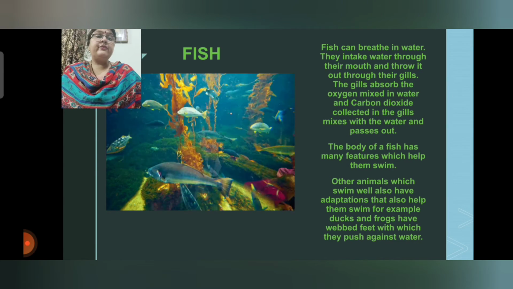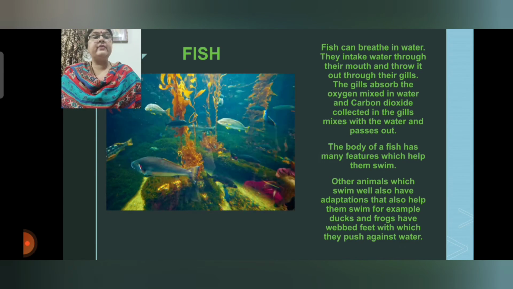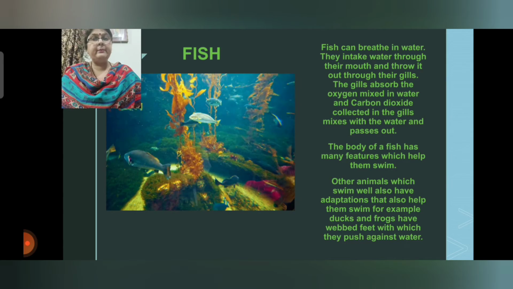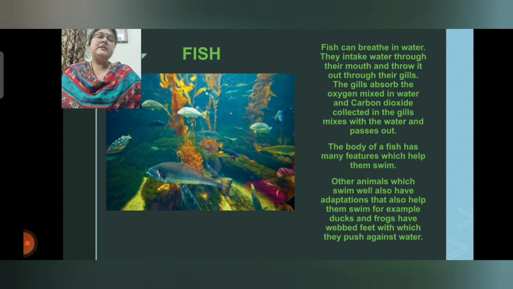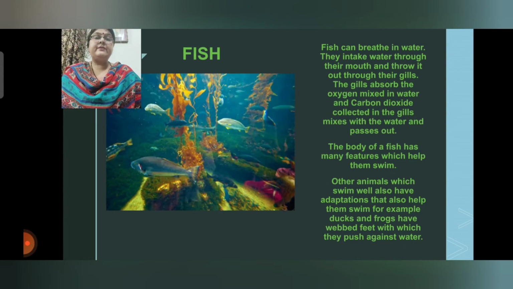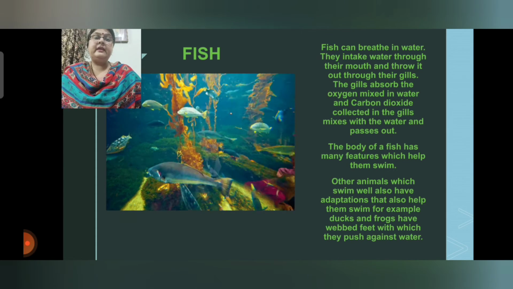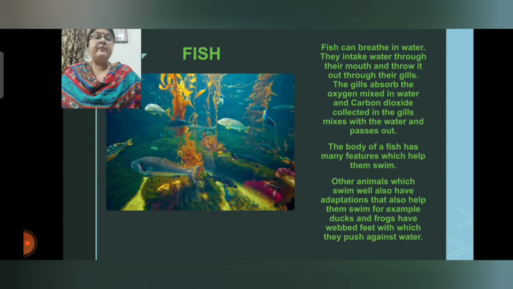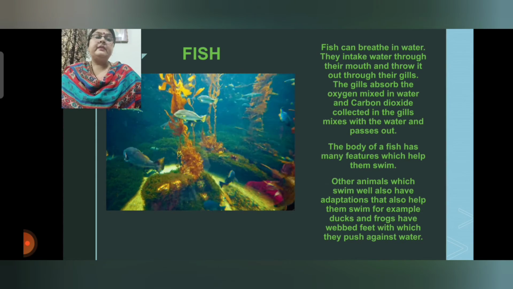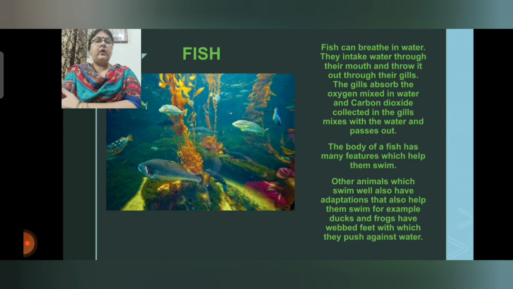The body of a fish has many features which help them to swim better. Other animals which swim well also have adaptations, like webbed feet. Ducks and frogs have webbed feet with which they push against the water.